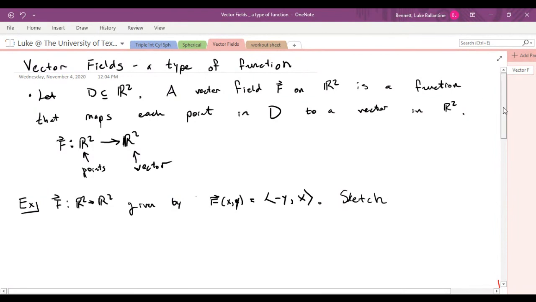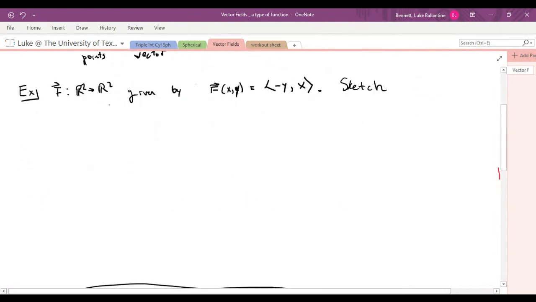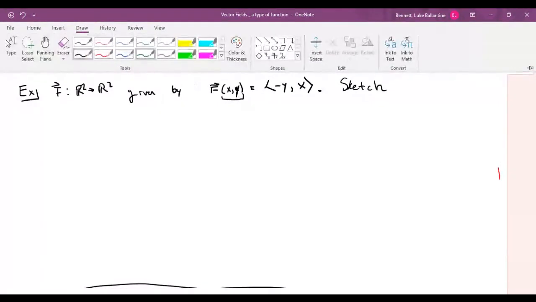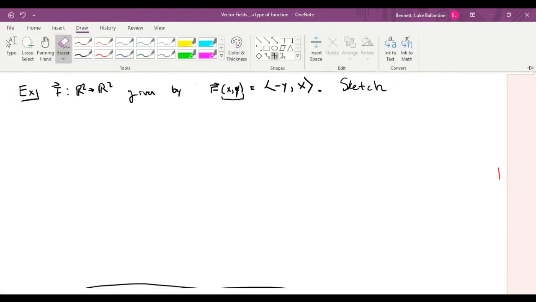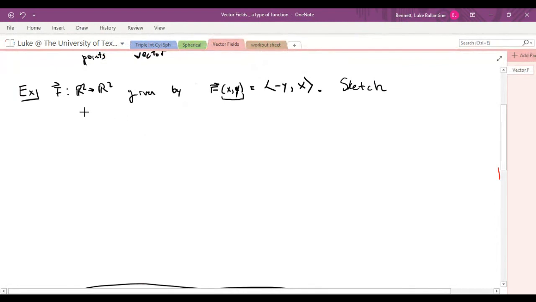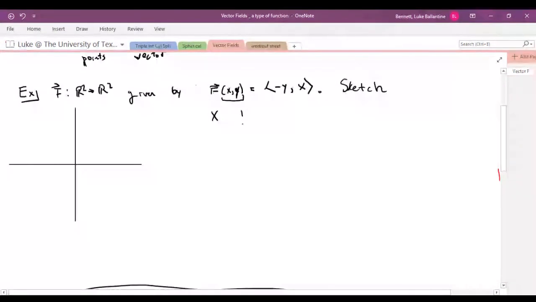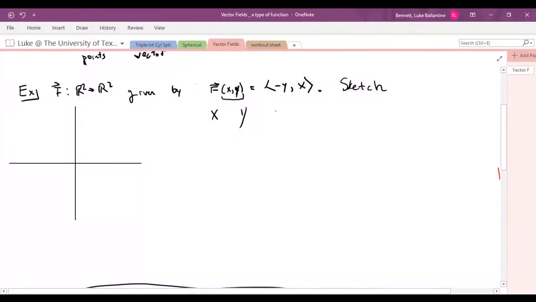So how do you sketch this? I'll show you. Our input is a point in R2, so we're going to have a point x, y, and then make a table: x, y, f of xy equals negative y comma x.